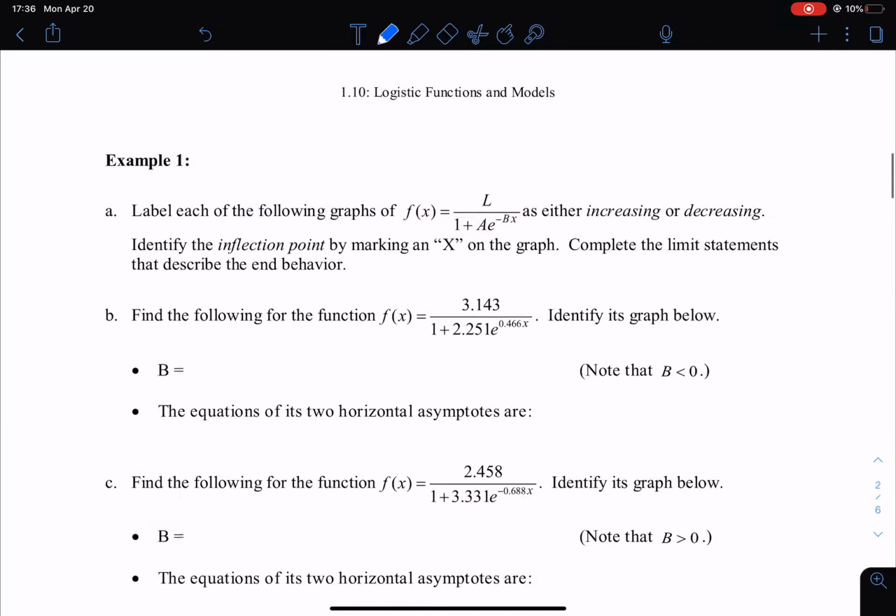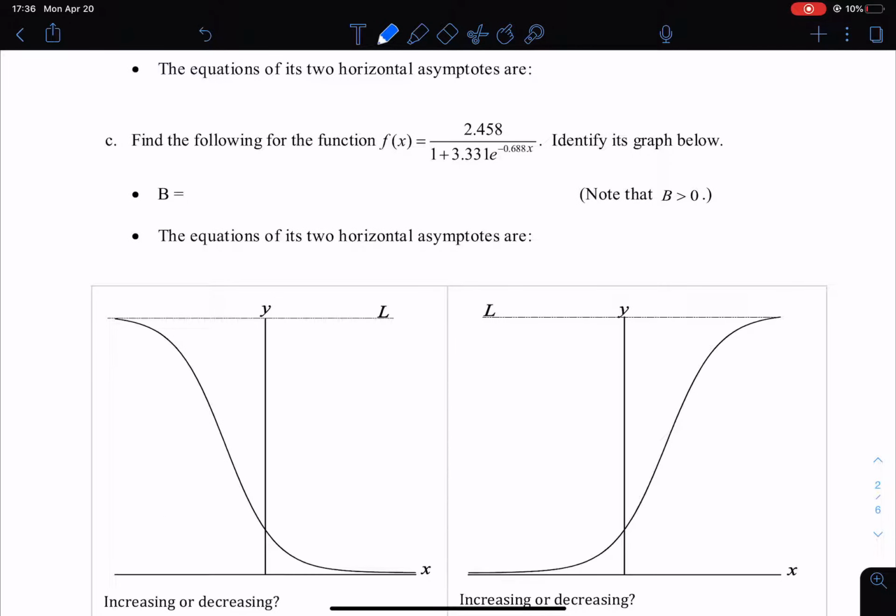Alright, so let's see the function graph. You can see this is the first type of logistic function, and this is the second type.